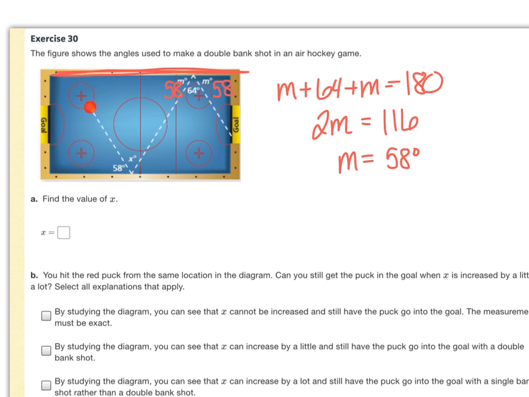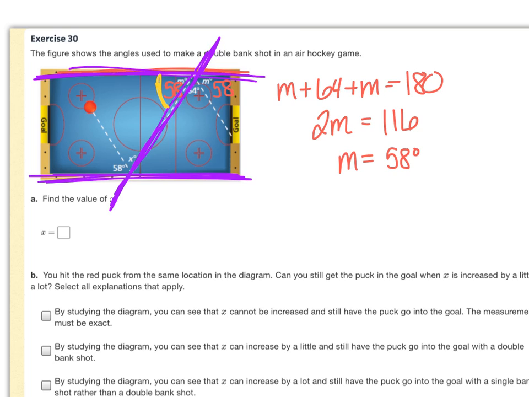So knowing that this is 58, and that this is 58, now we can solve for x. One of the ways we can solve is by using our new vocab words. We have, again, 2 parallel lines, which I'm highlighting purple here, crossed by a transversal. So this 58-degree angle right here is equal to this angle right here because they are alternate interior angles.